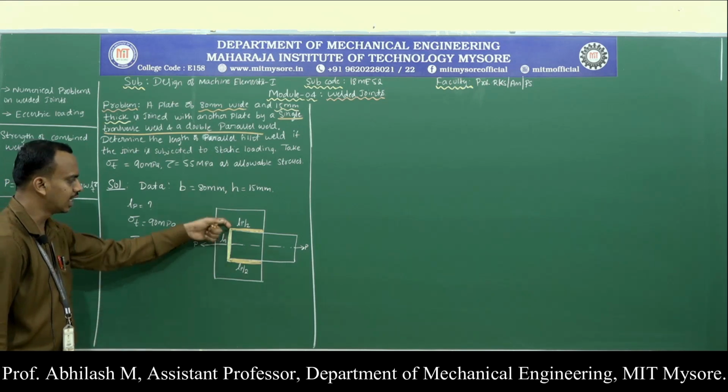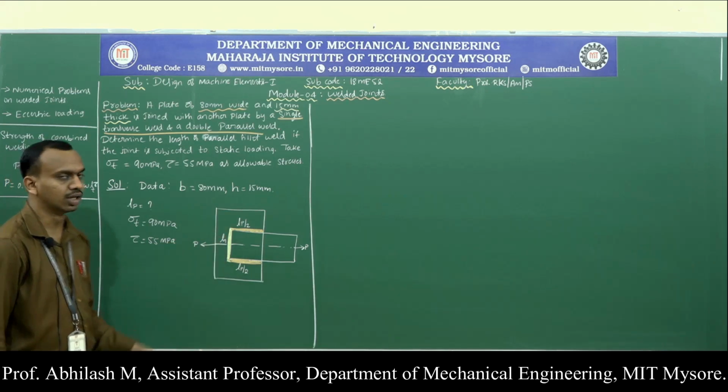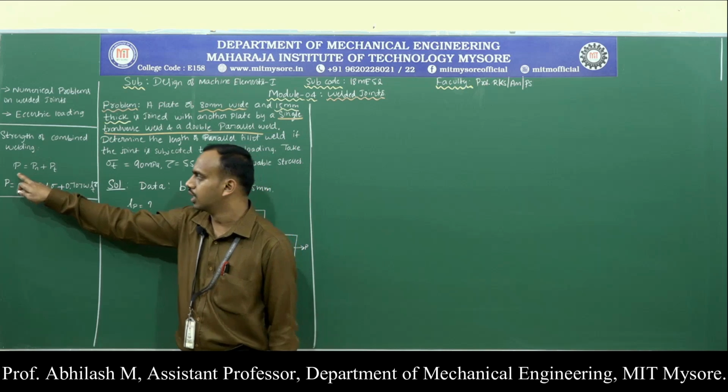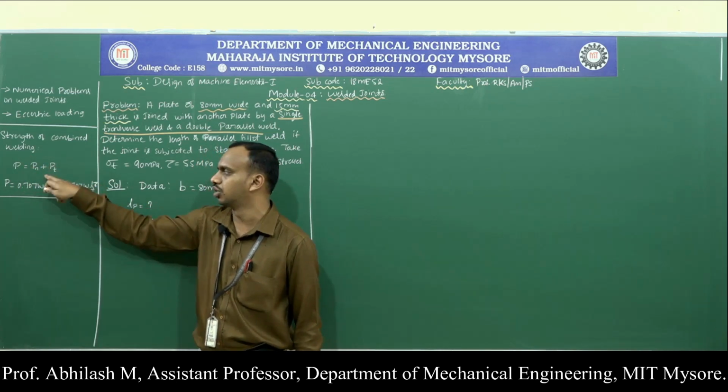We know that it's a combination of weld, so we are supposed to make use of the relation where the strength of the combined weld is given by P is equal to Pn, the load with respect to the normal weld, plus Pt, the transverse weld.